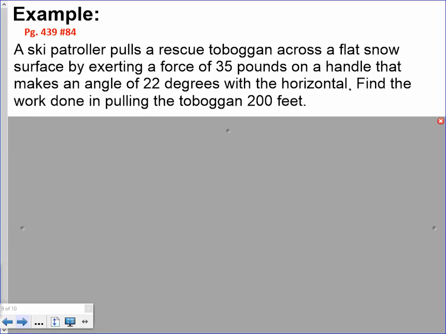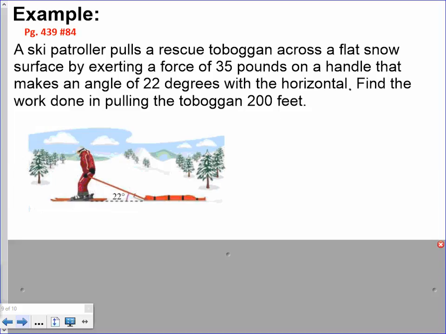The first thing you want to do in a lot of these problems that involve work is sketch yourself a little picture. The textbook offers a much nicer picture than I could draw for you, so I'm going to use that picture. Here's our ski patroller dressed in red right here, and you can see he's pulling a rescue toboggan. We know that the ski patroller is exerting a force of 35 pounds on the handle that makes an angle of 22 degrees with the horizontal, so you can see that angle labeled there.